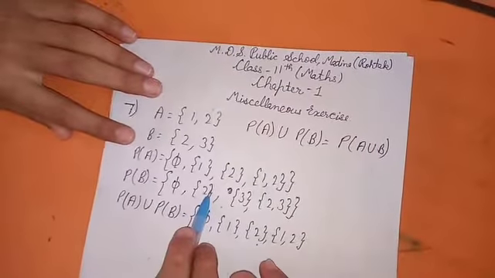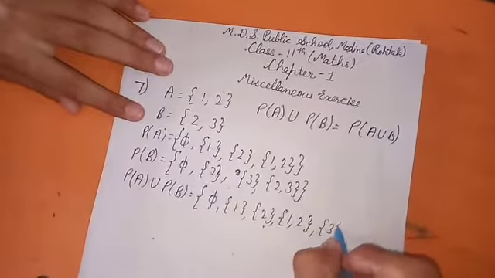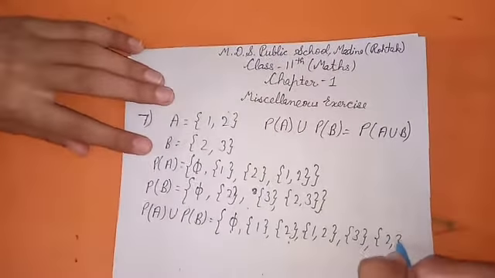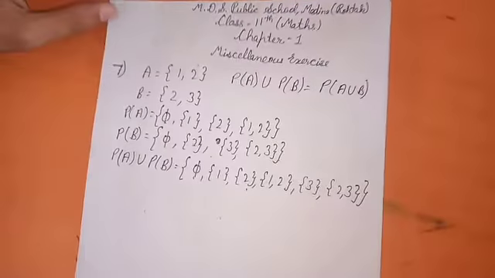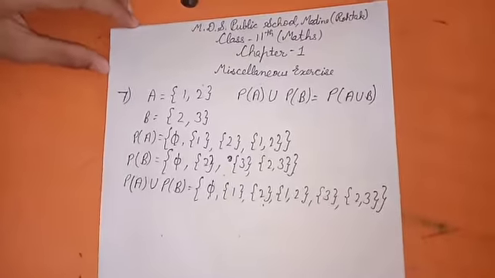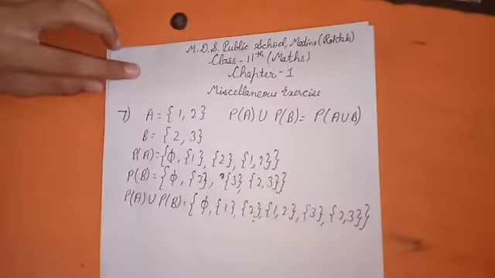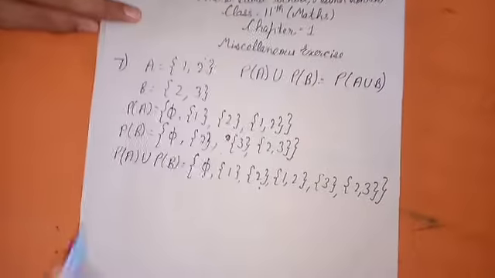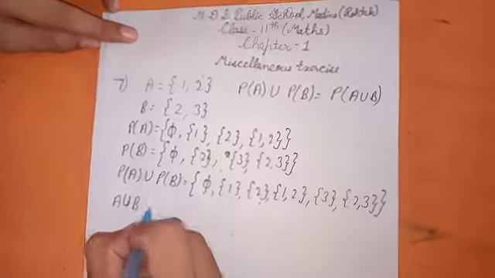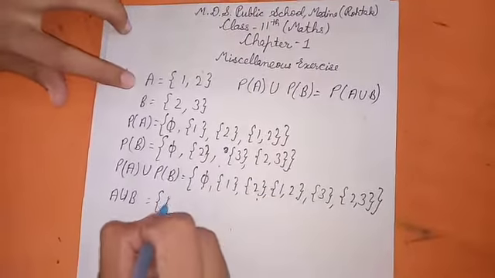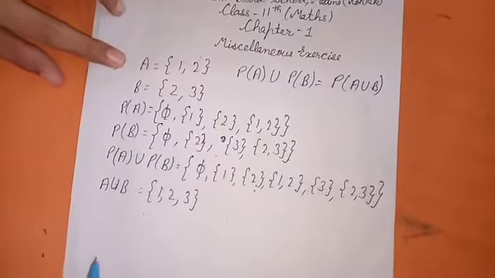Okay, so except these two we are going to write the other ones, that are {3} and {2, 3}. Okay, so it is our P of A union with P of B. So now this we have to prove equal to P of A union B. So we are going to first find A union B. So A union B will be what? {1, 2, 3}.